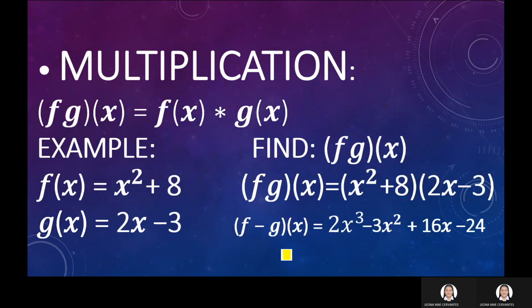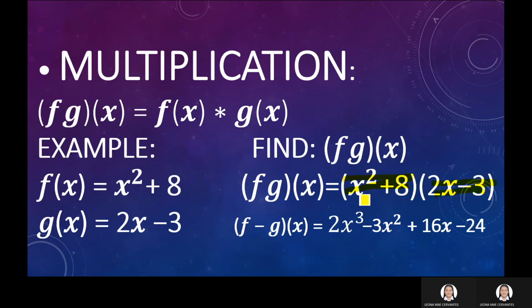Next, let's have another example for multiplication. We have f times g of x equals f of x times g of x. So f of x is equal to x squared plus 8. G of x is equal to 2x minus 3. So x squared plus 8 times 2x minus 3.